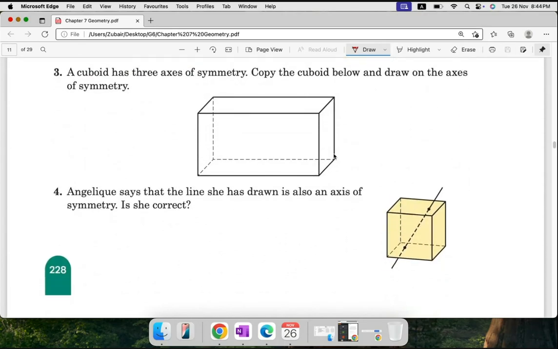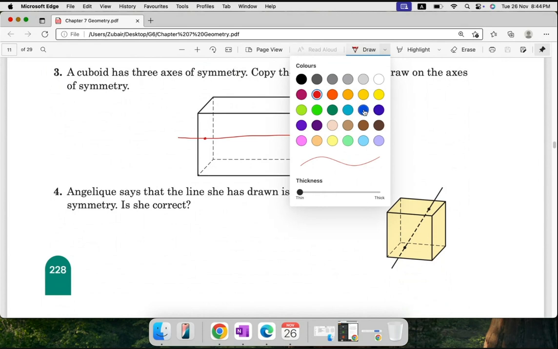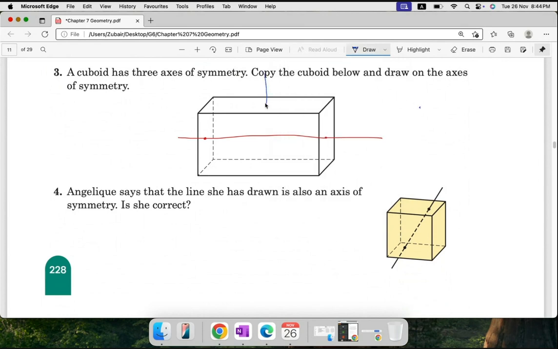A cuboid has 3 axes of symmetry. Copy the cuboid below and draw the axes of symmetry. So I'm drawing 3 axes of symmetry, horizontally crossing through the middle of this, and then from the top and from the middle. That's an axis.